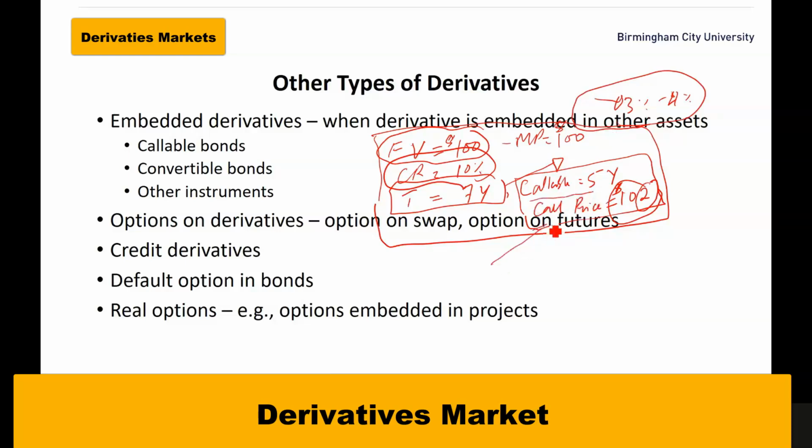So what is this, right? It is a call option. So the company is basically keeping a call option. So when I buy the bond, I become the writer of the call and the company becomes the buyer of the call. Now it is not explicitly done, but whenever a company issues a callable bond and people are buying it, it is implicitly happening that you are selling a call option to the company, and the company is buying a call option from you, where it will have the right to buy the bond from you after 5 years or 7 years or whatever the callable period is.